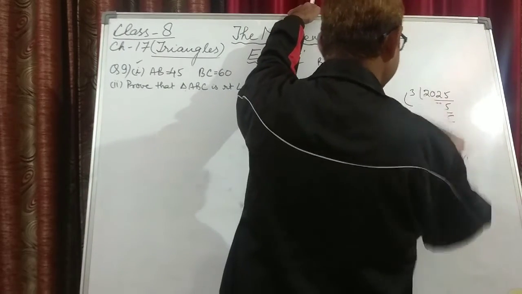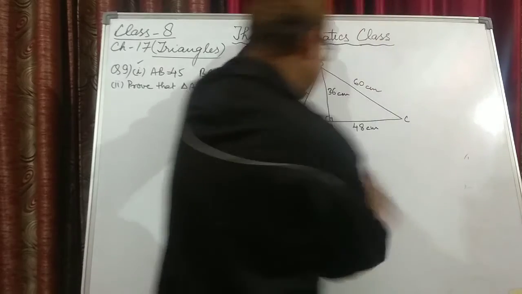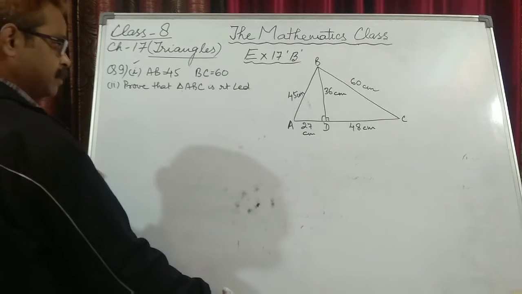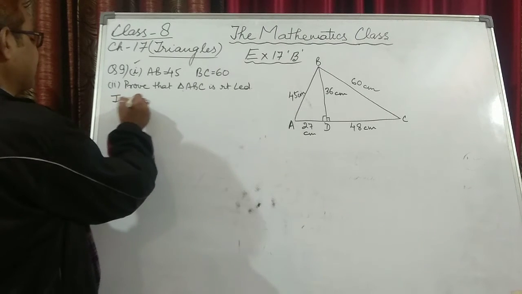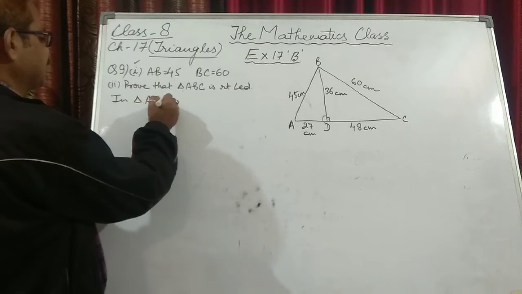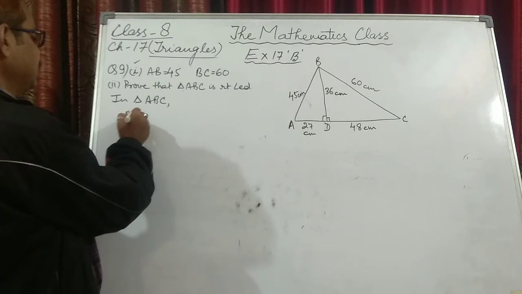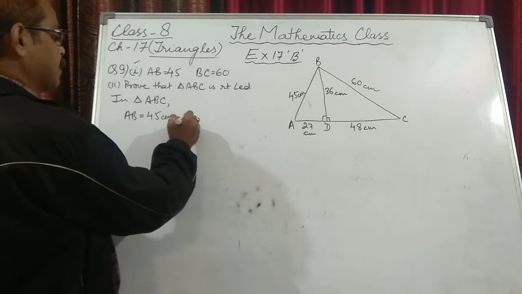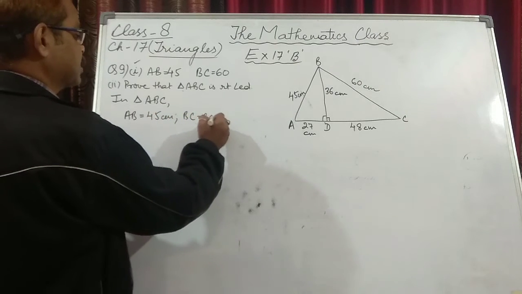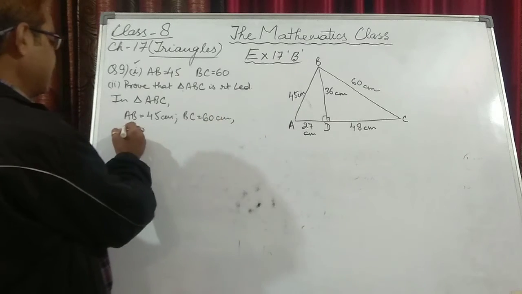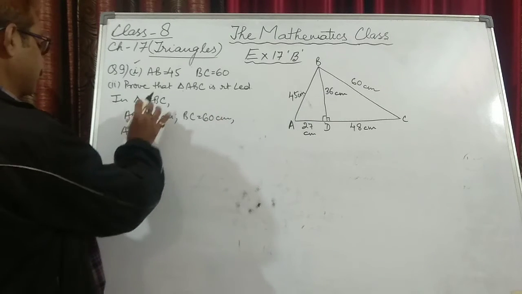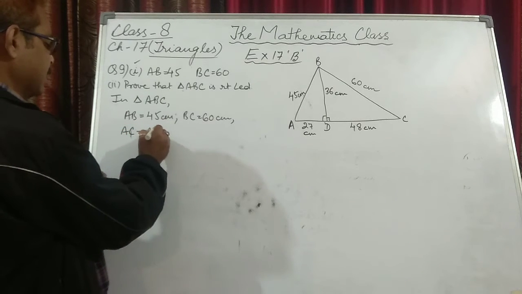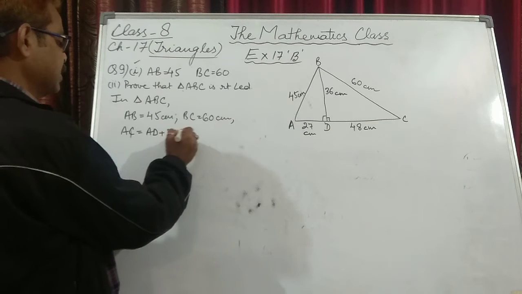In triangle ABC, AB is given as 45 centimeters, BC is 60 centimeters, and AC is given as AD plus DC.